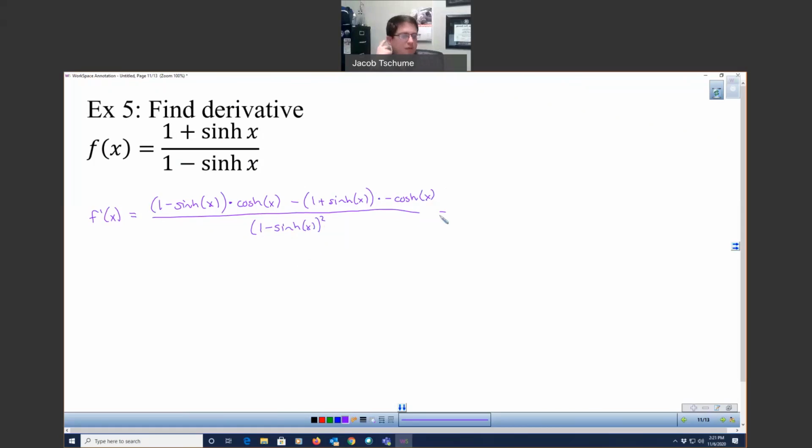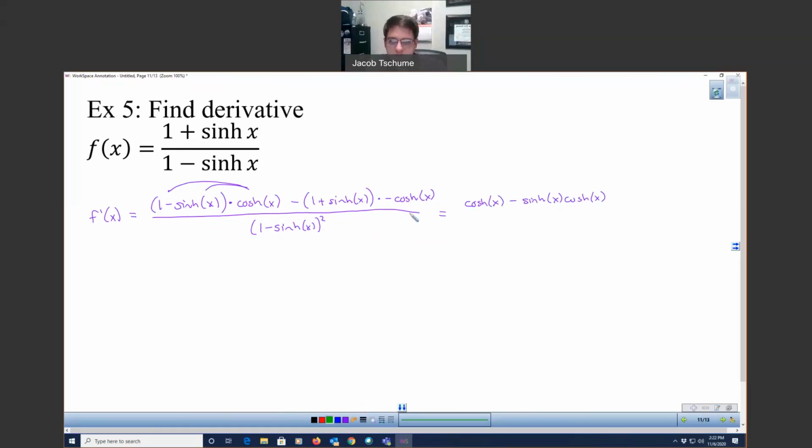And if you recall back to Cal 1, what you'll have to do now is simplify the numerator all the way out, and let's see if anything simplifies. So I'm going to distribute hyperbolic cosine to both of these terms. So that would be hyperbolic cosine of x minus hyperbolic sine times hyperbolic cosine. All right.